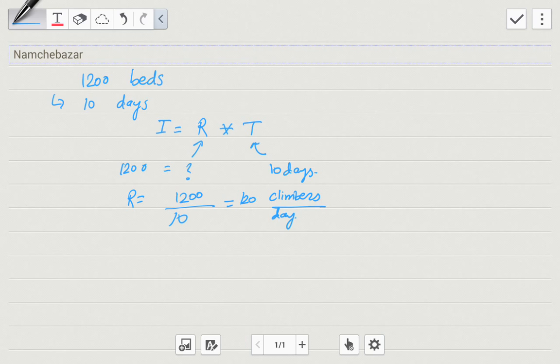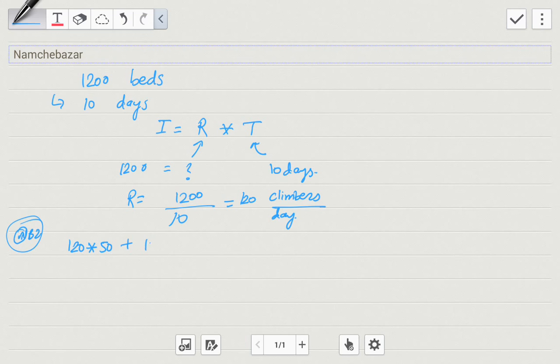Right? So let's see how much money they spend per day. At any given time there are 1,200 climbers in the town. Out of them, 120 arrived that very day. These are the new arrivals. So the new arrivals spend 120 multiplied by $50.